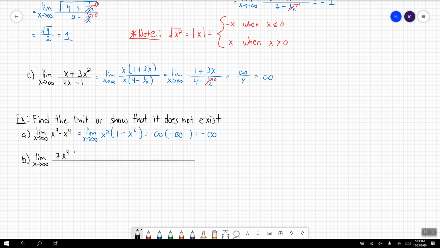And for the very last example that we have here, we're going to take the limit as x is approaching infinity for the rational function of 7x to the fourth minus 5x squared plus 3x, all divided by 2x to the fourth plus 3x cubed minus 12.